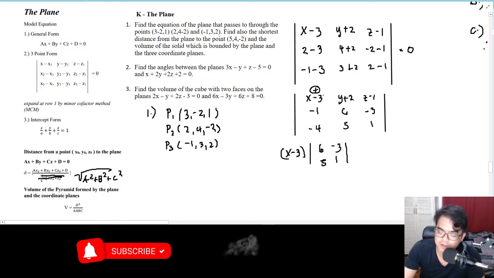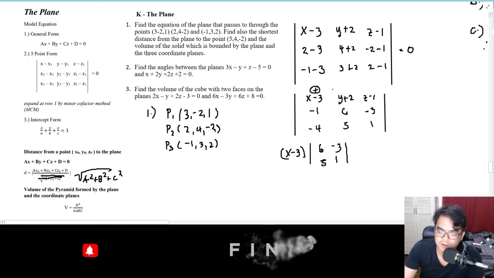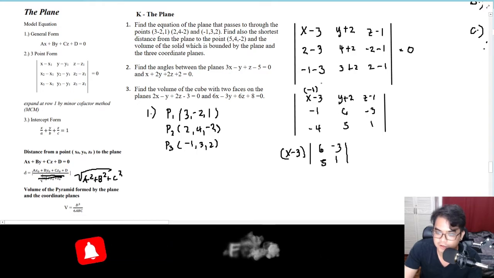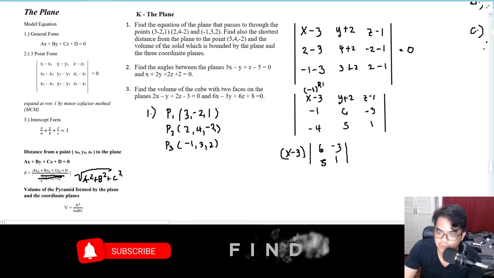You also have to consider the sign, which is negative 1 raised to row plus column.